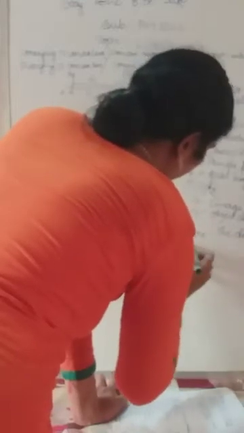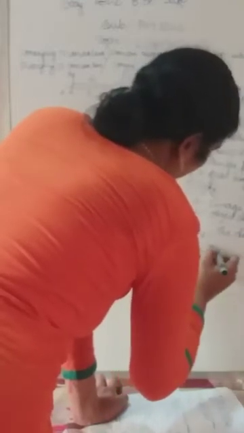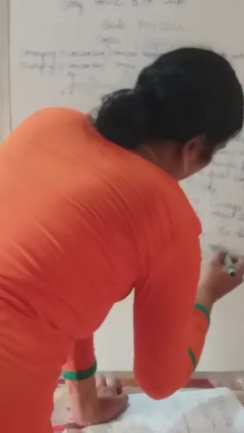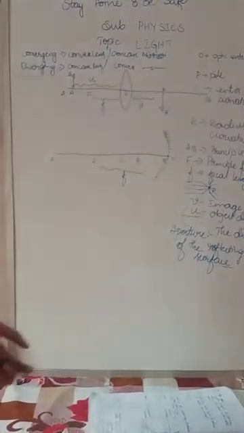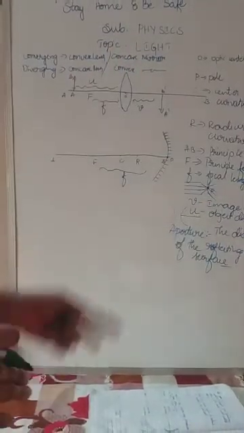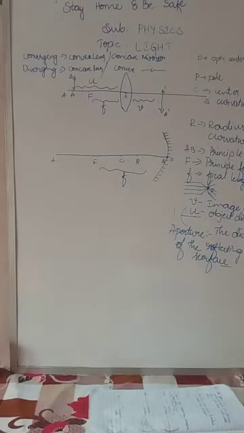Reflecting surface means where the light rays are reflected. Reflected means coming back. That is called the reflecting surface.